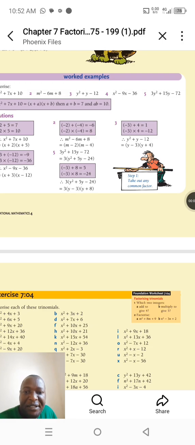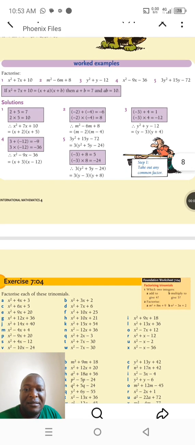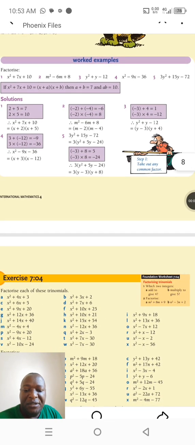I repeat, the factored-out number 3 into the variable y minus 3, that is the negative 3 we have just identified, into y plus the second number identified as 8. So 3 into y minus 3 into y plus 8 becomes the factorized format of the expression for question number 5.